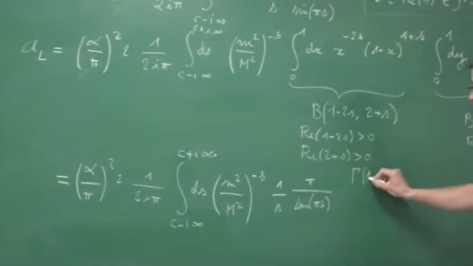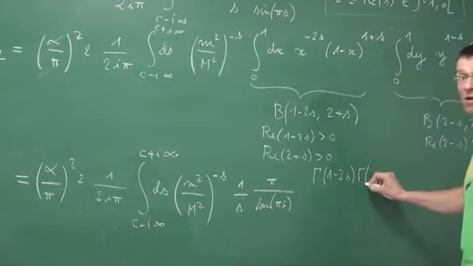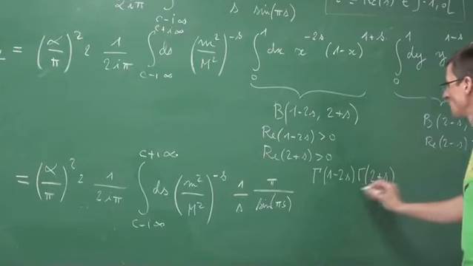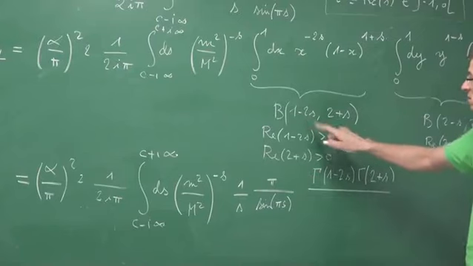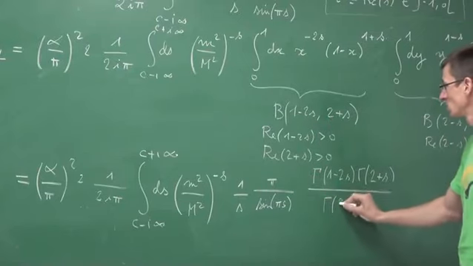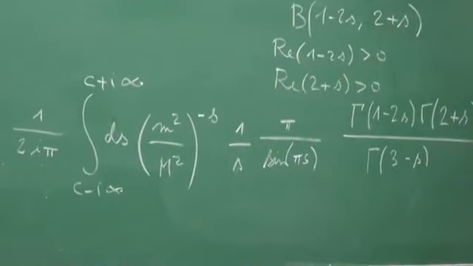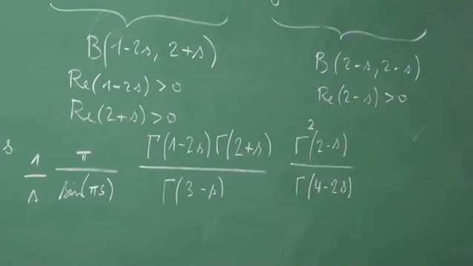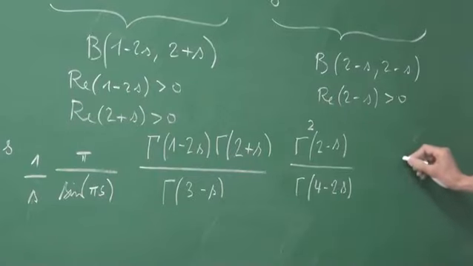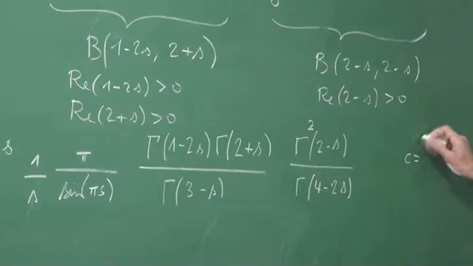the gamma function, divided by, because the definition of the beta function is that you add these two things here, which gives this, and for this case, you simply have 2 minus s squared divided by gamma 4 minus 2s, which is valid if C is in minus 1, 0.